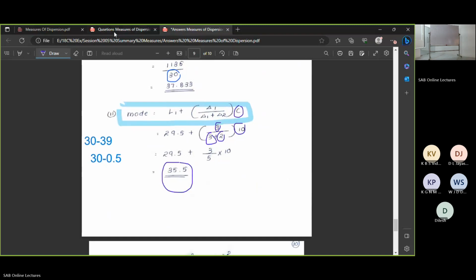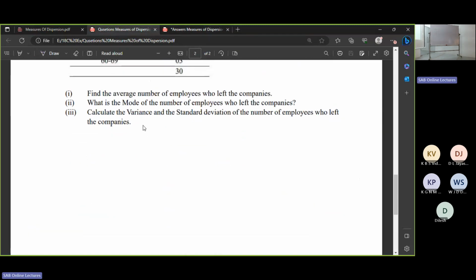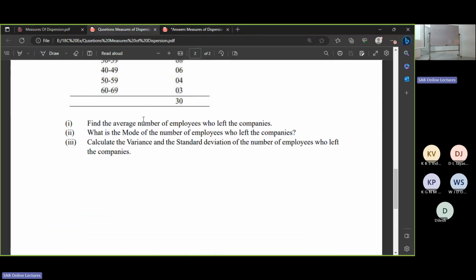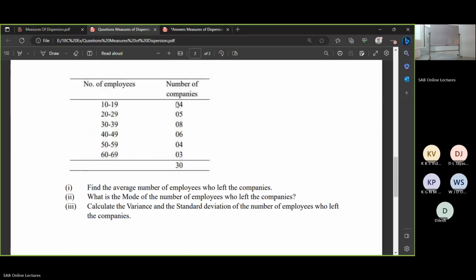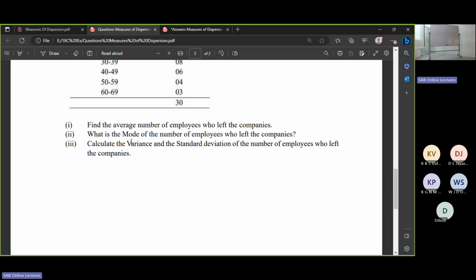Okay. Then we move into how to calculate the variance and the standard deviation of a grouped frequency distribution. Normally we can find the variance or standard deviation of a raw data set. Here we calculate them for grouped data.